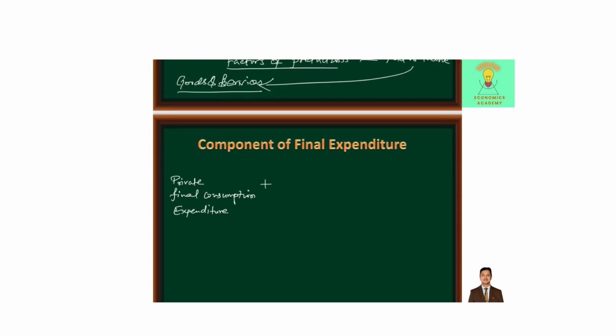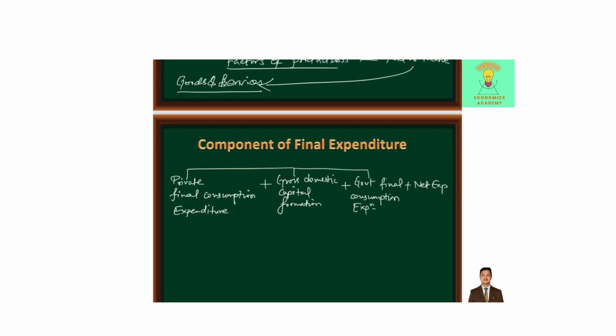Adding on to it will be gross domestic capital formation, plus government final consumption expenditure, then net export. Adding all this, we get GDP MP.